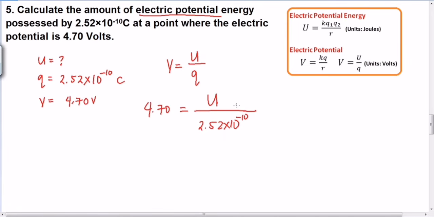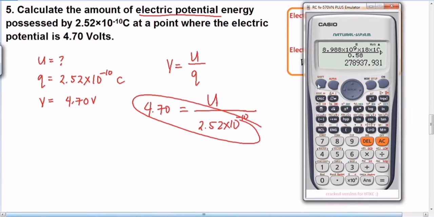Okay? So, paano masolve si letter U? Cross-multiply this. Palagi nyong i-cross-multiply yung denominator at saka yung nasa kaliwa ng equal sign. So, i-multiply ko yan. That would be 4.70 times 2.52 times 10 raised to negative 10.